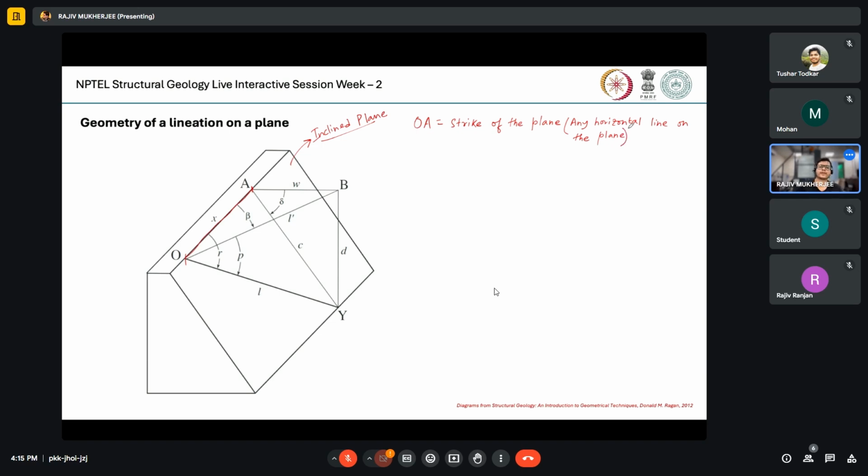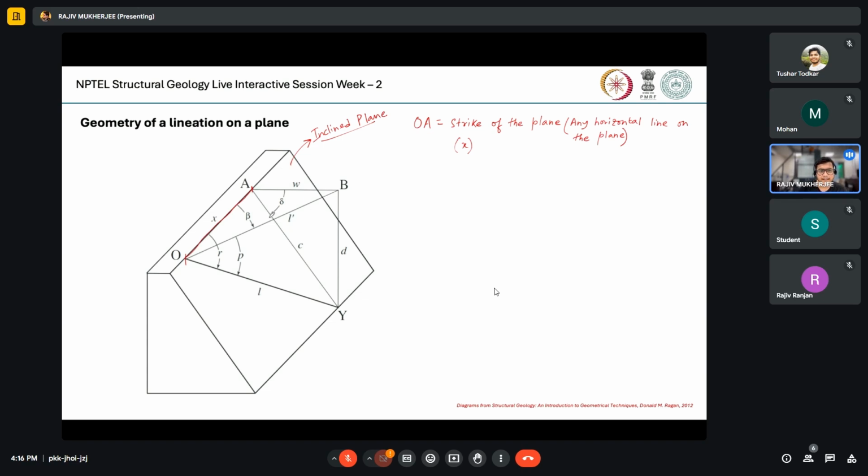Here we have considered the length x. In reality we don't actually need to consider the length of these structural attributes, but to derive a trigonometric relation, we need to put some arbitrary lengths on these different structural features.